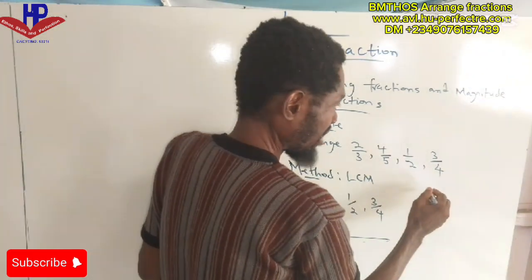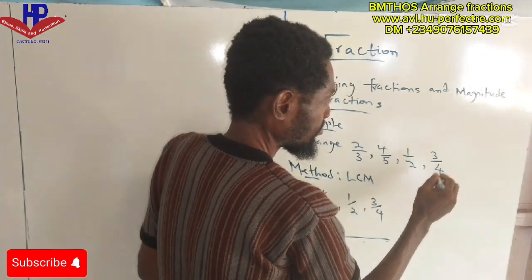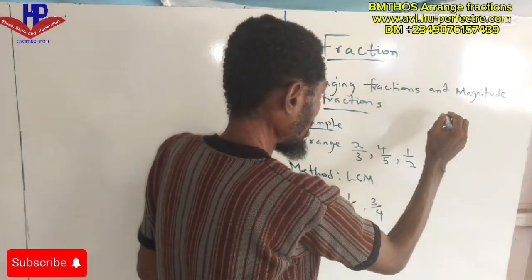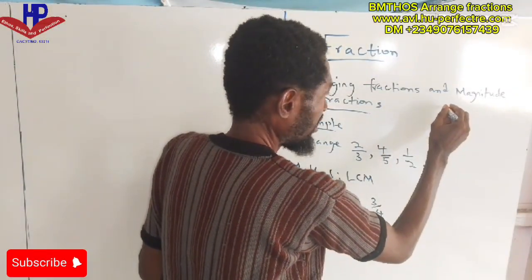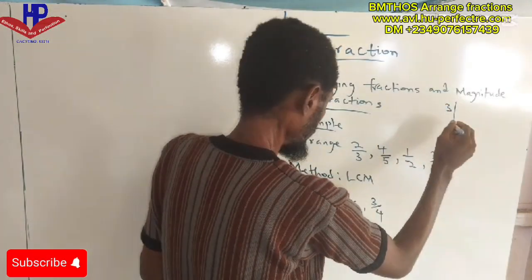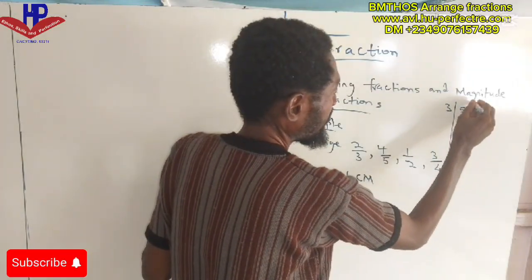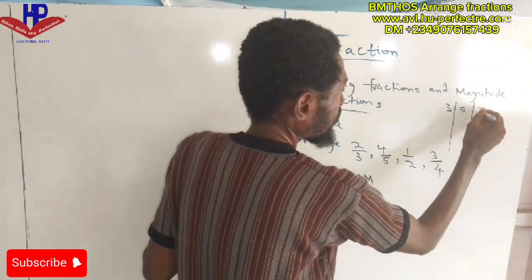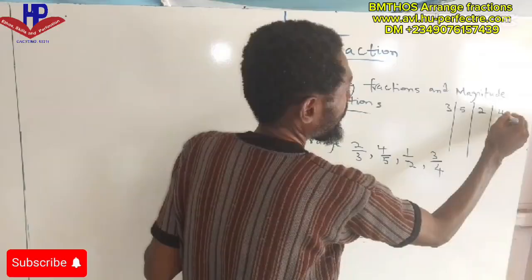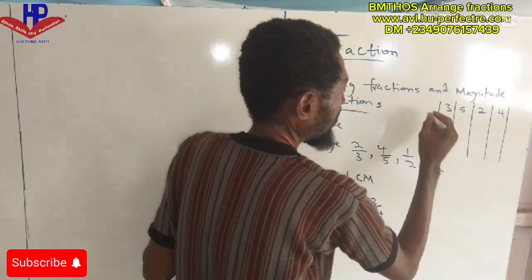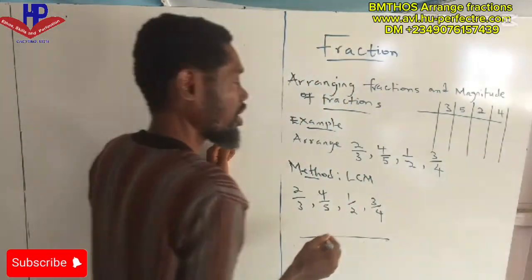To find the LCM, you can use the tabular method. Let me solve it here. LCM of 3, 5, 2, and 4. Write your factor method. We've done LCM, so check your LCM lesson.